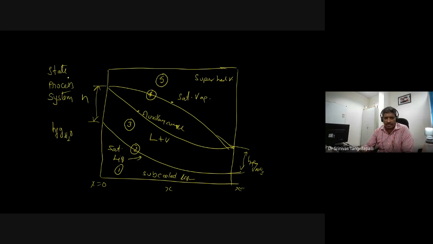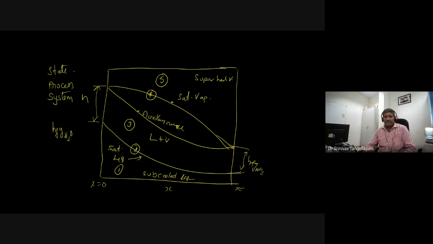A state is a single point, a process is a meeting of two points, and a system is a combination, an integration of all the processes, like a power generation system or cooling system, power system, etc.